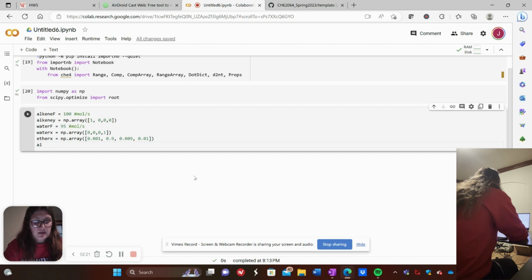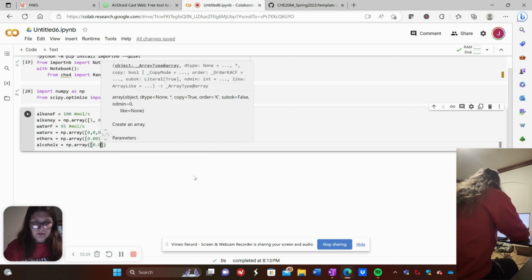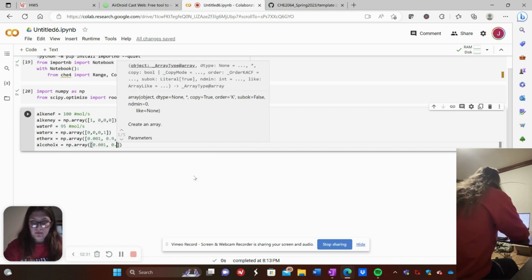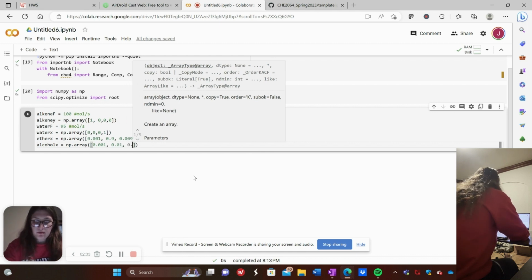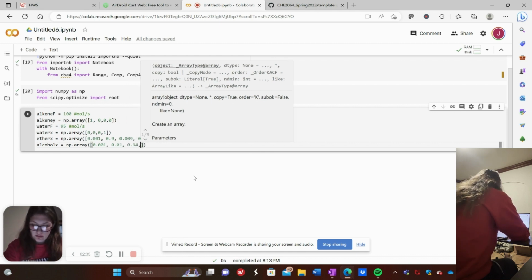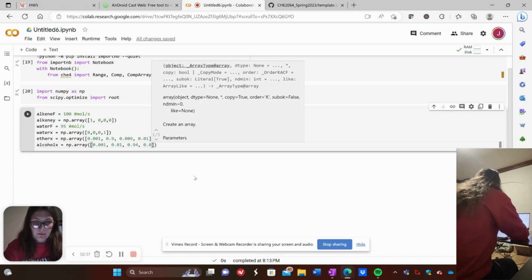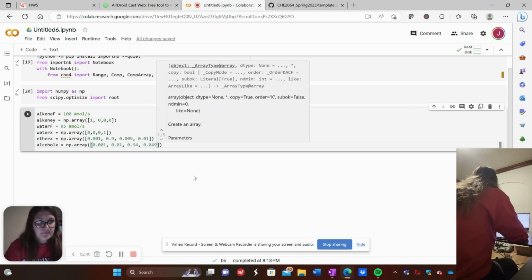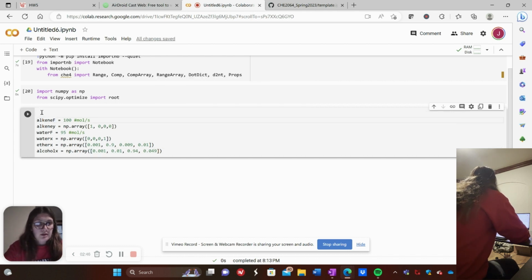Then we had the alcohol composition, np.array, and that was 0.001, 0.01, 0.94, and 0.049. So that was everything given to us initially, but we also know the stoichiometry of our reactions.